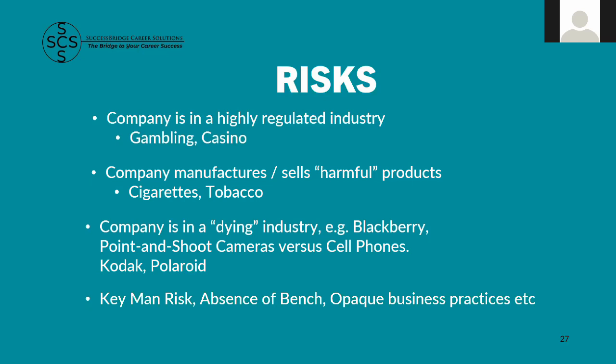When investors come in, they look at this particular risk. It's a huge risk. If something happens to this person, then the entire company goes to the dogs. That is called the key man risk, and so people don't want to invest. And then the absence of a bench.